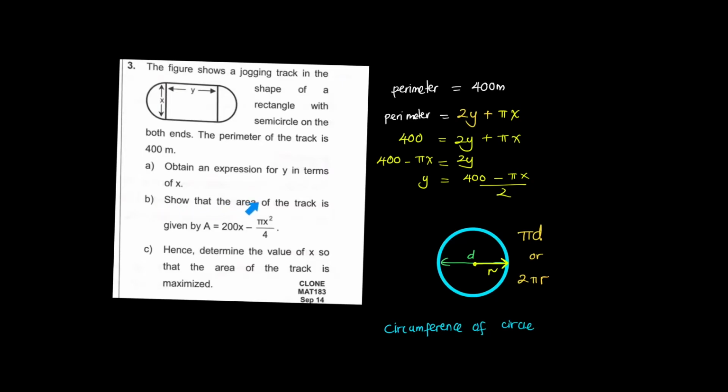Now show that the area of the track is given by A equals 200x minus pi x squared divided by 4. What we need to know now is what is the formula for area of circle, and the area of a rectangle. So the area of a circle is given by A equals pi r squared, and the area of a rectangle is based on this track right here.